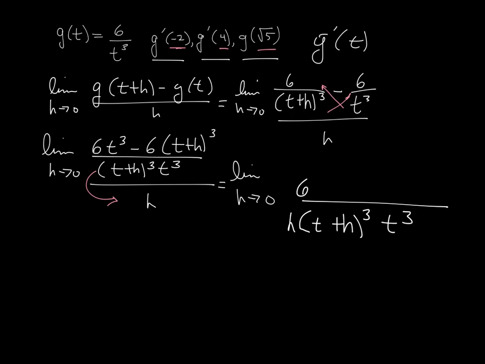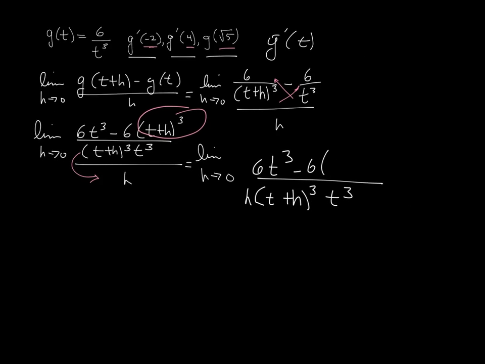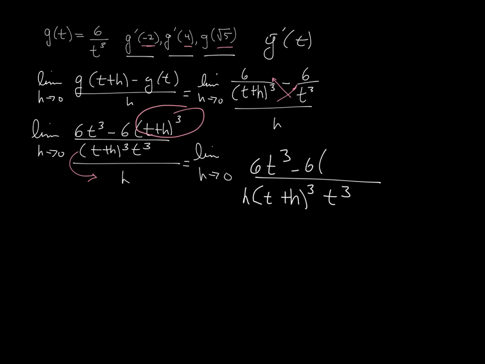So unfortunately, I'm going to have to cube that piece. So I have minus 6, and now I'm going to cube the t plus h. So I cube the first one, plus 3 times t squared h, plus 3 times t h squared, and then plus h cubed.